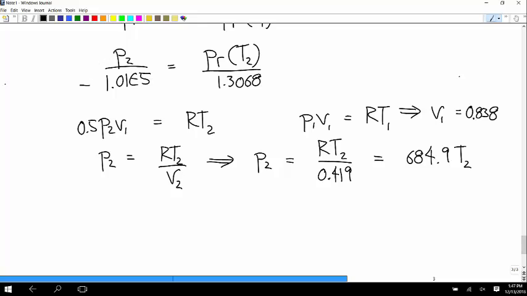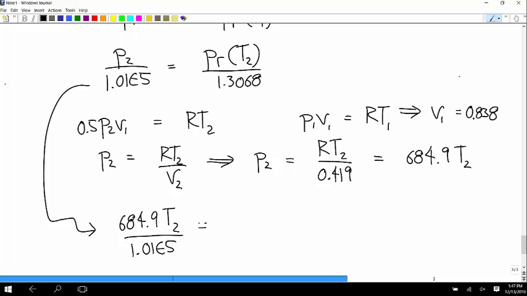And so now we can re-express this equation: 684.9 T2 over 1.01 times 10 to the 5th is equal to the relative pressure at T2 over 1.3068. And now we're looking for a relationship between the temperature and the relative pressure.